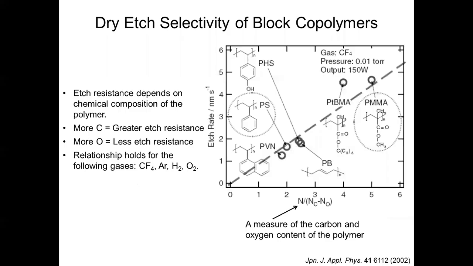We can go further in that construct, and I don't have a slide in here, but basically what we can do is a process called staining. In staining, we apply another material after we have the block copolymer formed. So we could mix other materials and actually reduce the etch rate of PS and move it down into this region.